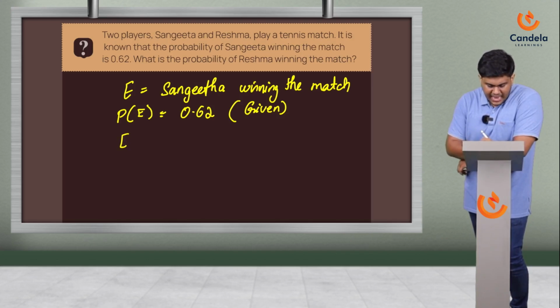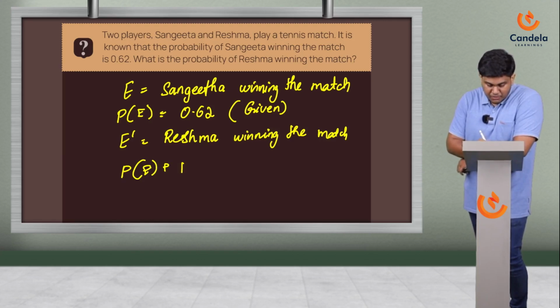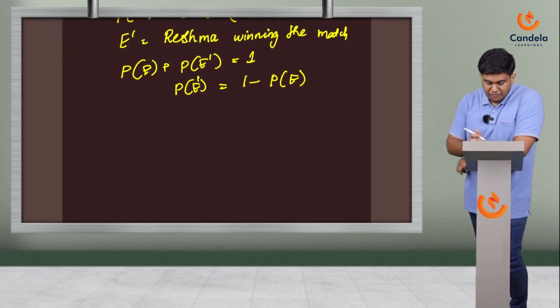Now, our E dash, that is the complementary of this particular event, is Reshma winning the match. Now, how do we find this value? We use the equation that we learned before, that is P of E plus P of E dash is equal to 1. So, P of E dash is equal to 1 minus P of E, which is 1 minus 0.62.